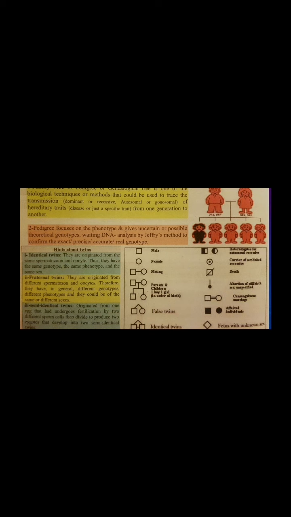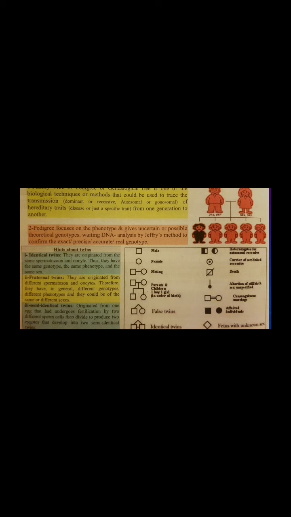We're going to discuss what is the difference between identical twins, fraternal twins, or semi-identical twins. Now, if I have a half-dashed square or circle, they are heterozygous for an autosomal recessive. What do I mean by this? We assume we are looking at the trait green eyes, green hiding brown, but they give us half colored, half not, meaning it is heterozygous, green carrying the brown.